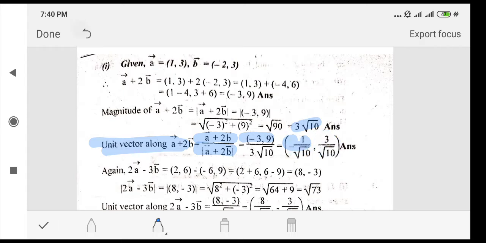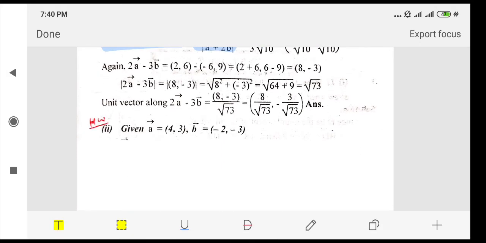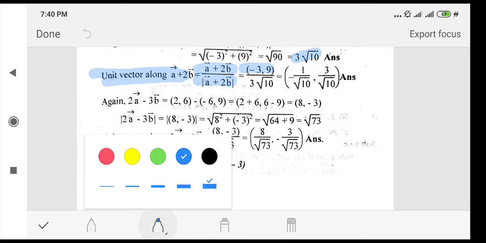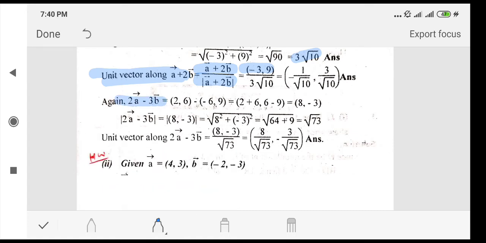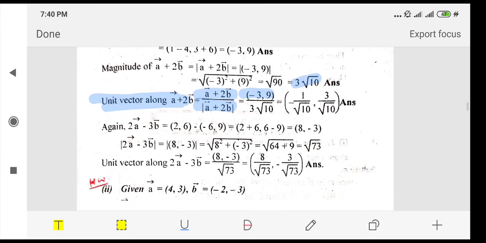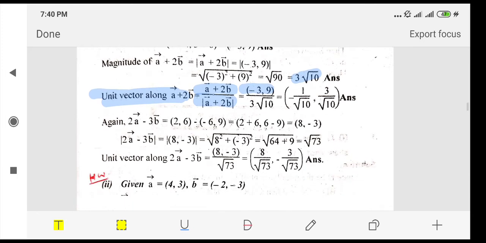Accordingly, now we have to go ahead to the next portion. Here we have to find 2 vector A minus 3 vector B. So let's go ahead. Vector A is (1, 3) and vector B is (-2, 3).